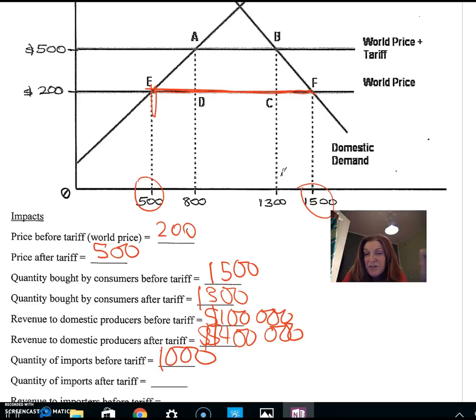Quantity of imports after the tariff: price goes up to $500, quantity supplied goes up to 800, quantity demanded goes down to 1,300. So 1,300 minus 800 is 500. There's a decrease in imports, so the impact on global producers, first of all, is that they only get to sell us 500 barbecues instead of 1,000.